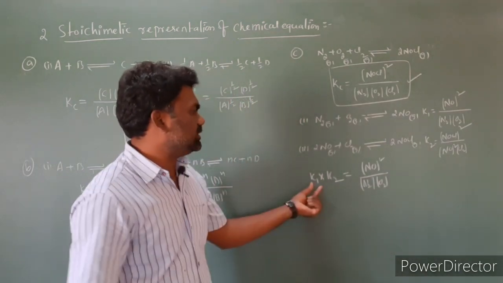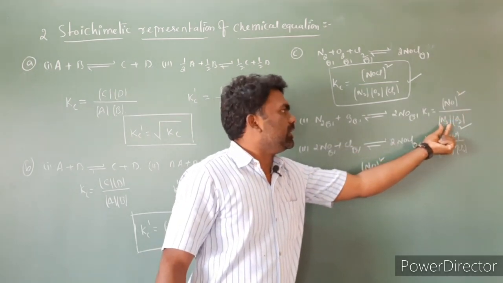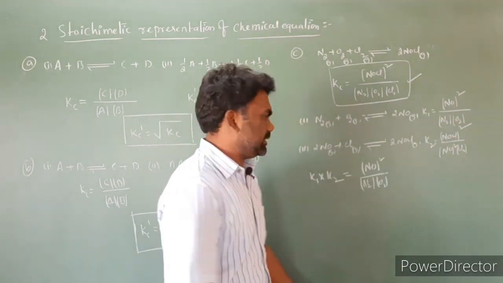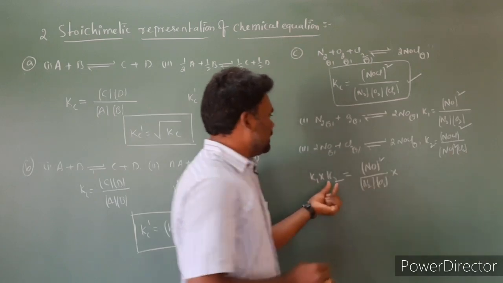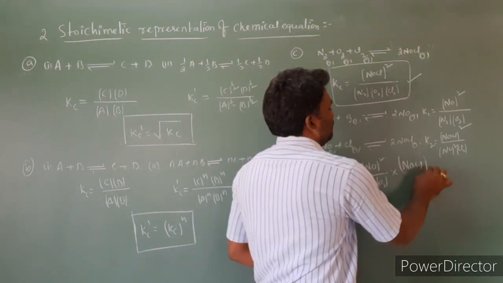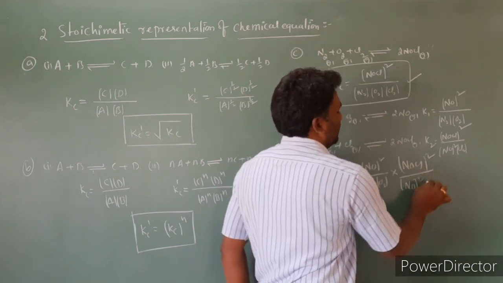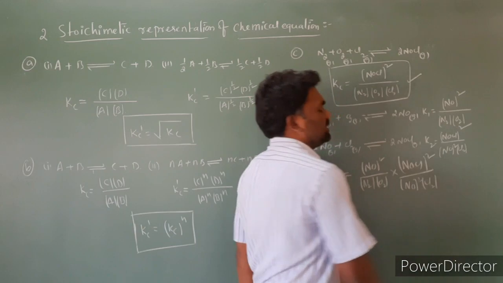And what is the K2 we have? K2 is equal to NOCl concentration power 2 by NO concentration power 2 and Cl2 concentration, isn't it?